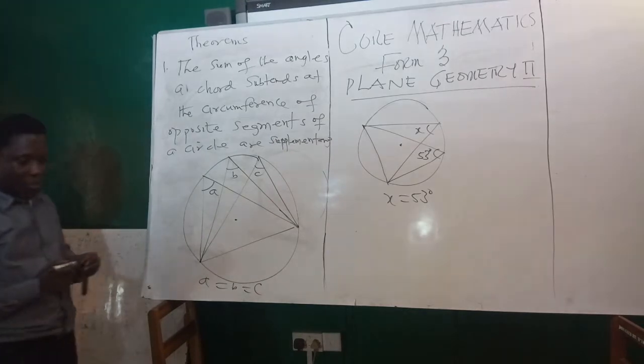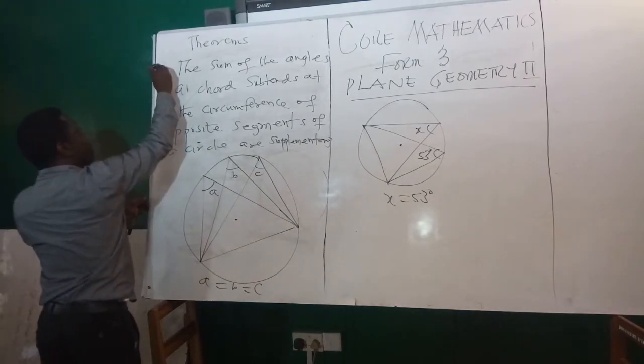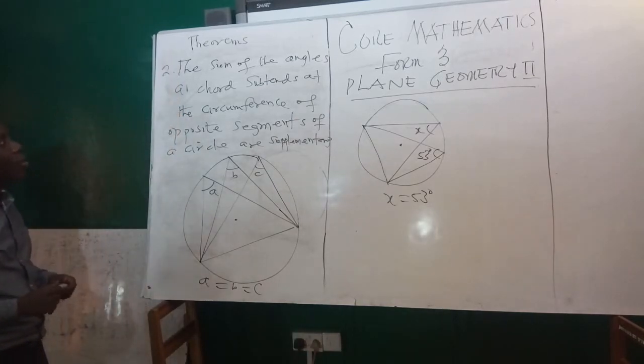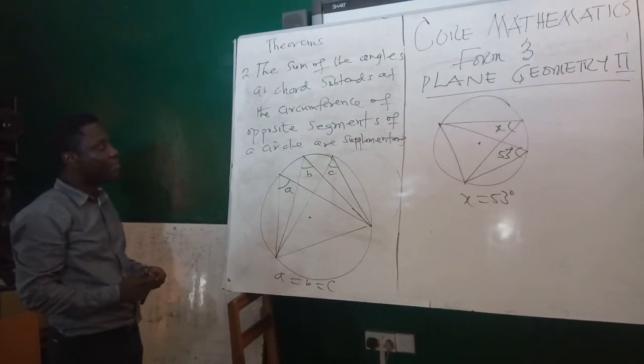So you can put it down. In this case, it's not the first, but rather the second: the sum of the angles a chord subtends at the circumference of opposite segments of a circle are supplementary.